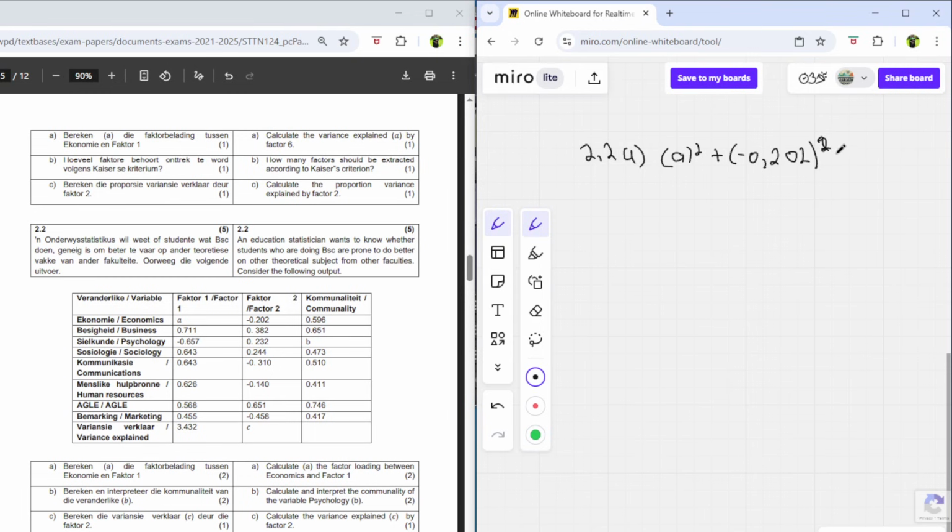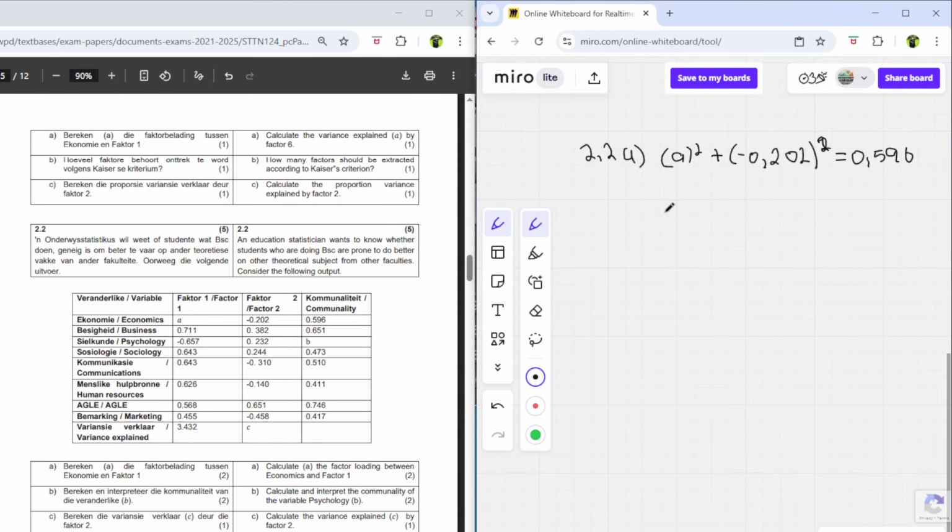Pardon me guys, I'm writing with the mouse, so it's not that easy. So now we have to solve for a.